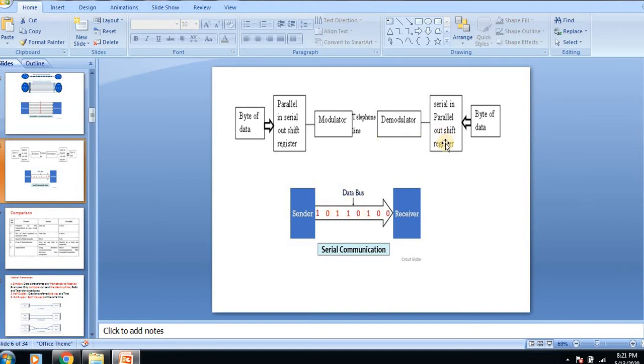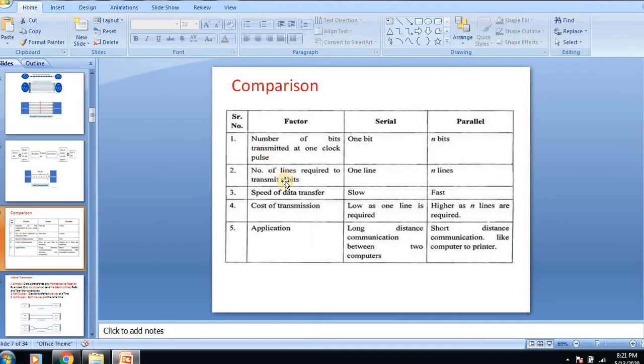Again at the receiver end we need a shift register which will convert the serially received data into parallel data. This is the additional circuitry we require in serial communication. Now we'll see some parameters in serial and parallel communication. If you consider the number of bits transmitted per clock pulse, in serial it is 1 bit, but in parallel it is n bits.